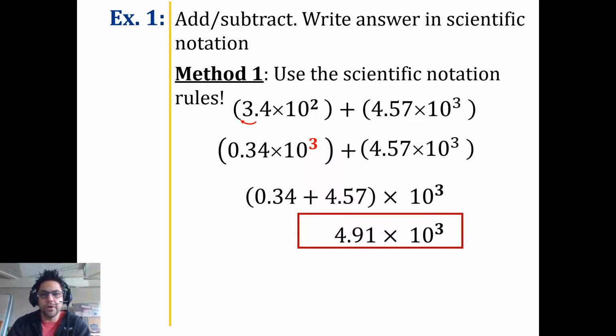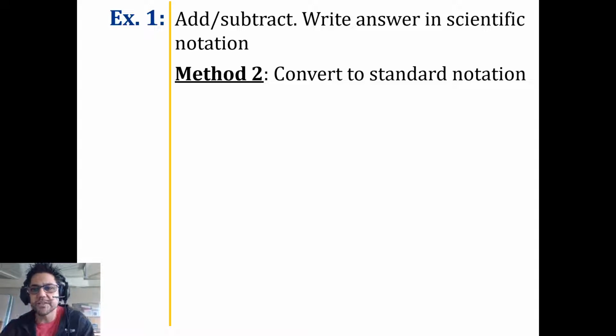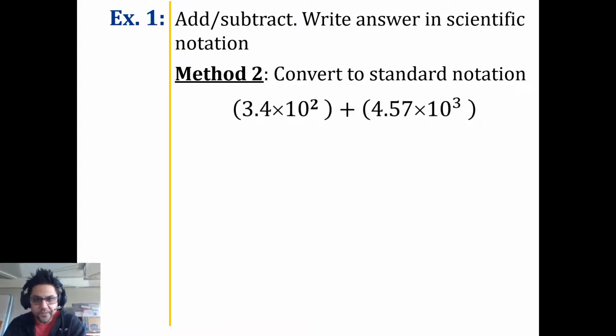Method 2 on that problem would be the following. It says convert to standard notation, essentially your normal numbers. The one drawback is that sometimes those numbers are a little bit larger than we'd like to work with, but since you have a calculator at home, it might be doable. So 3.4 times 10 to the second power is a big number because it has a positive exponent.